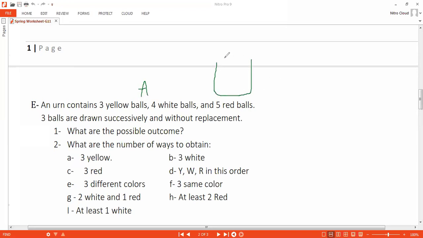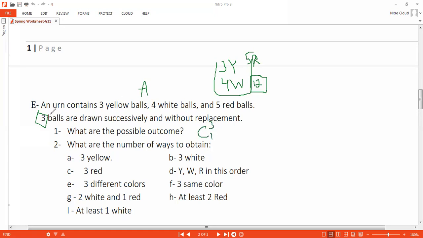In this urn, we have 3 yellow, 4 white, and 5 red balls. Okay, let us start. What are the possible outcomes? Of course, I'm picking out 3 out of 12. We have here 12 balls.